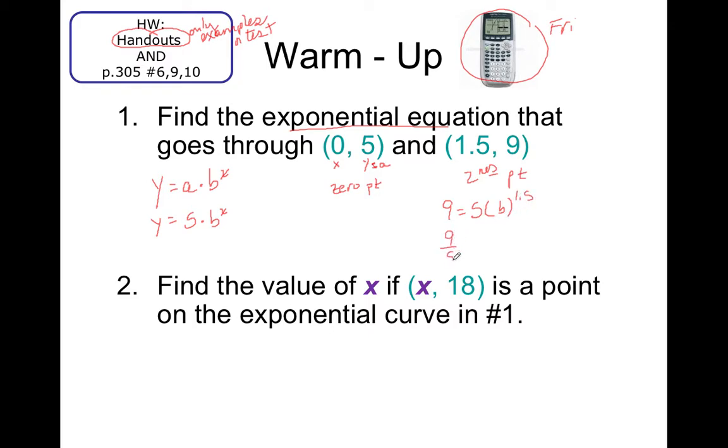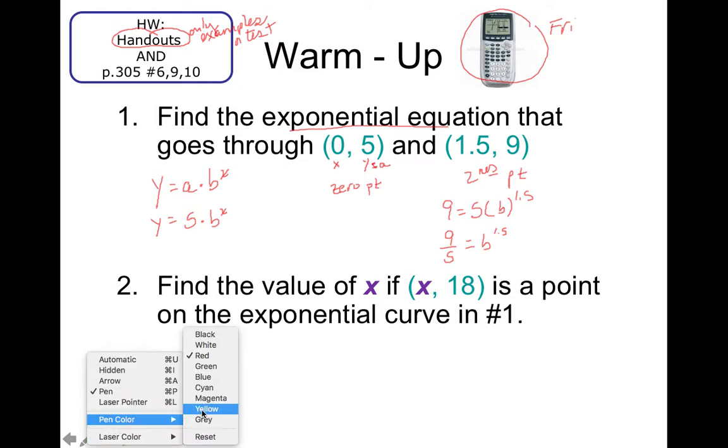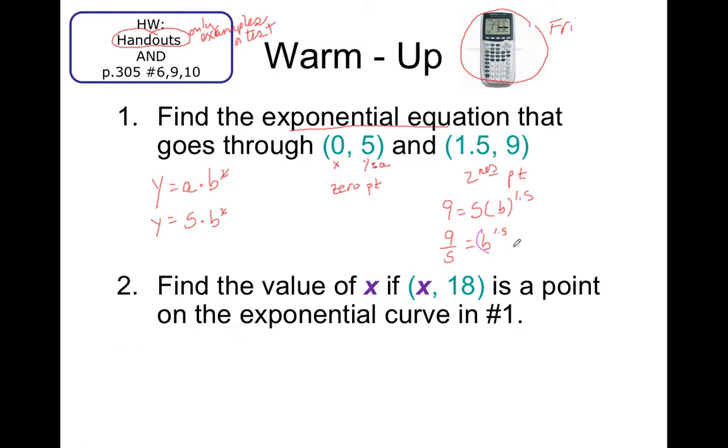Divide both sides by 5. And then undo the exponent: get b by itself by raising both sides to the reciprocal of the exponent, and then just go to your calculator and hit 9 divided by 5 to the 1 divided by 1.5.